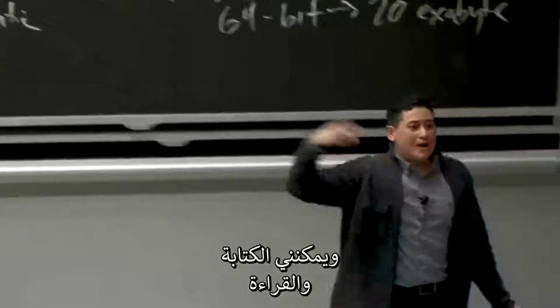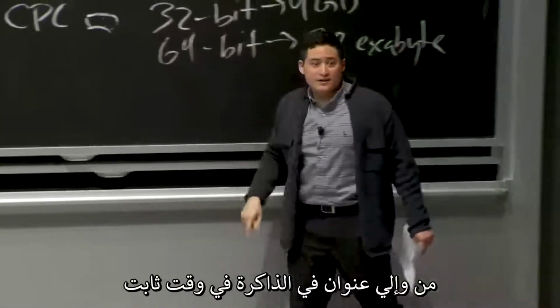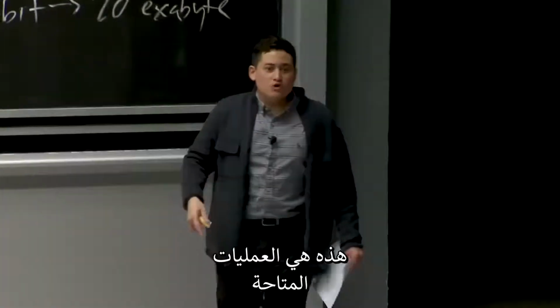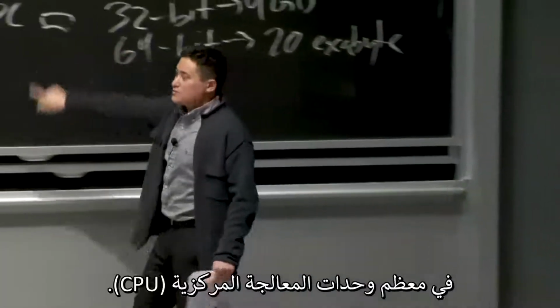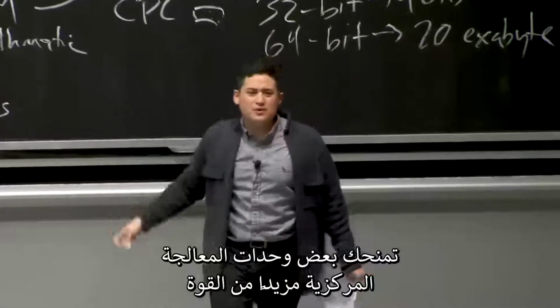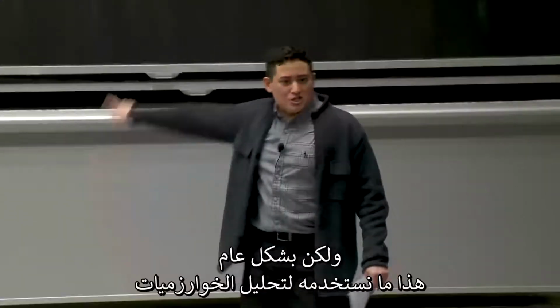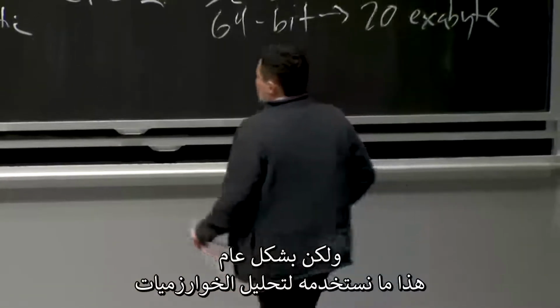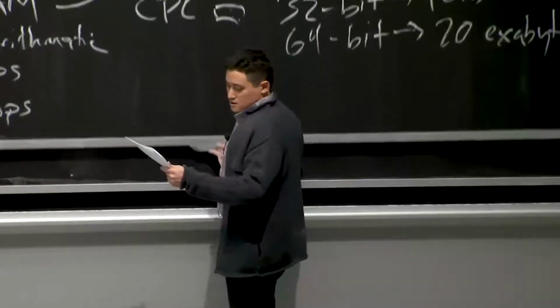And I can read and write a word from an address in memory in constant time. Those are the operations that I have available to me on most CPUs. Some CPUs give you a little bit more power, but this is generally what we analyze algorithms with respect to, okay?